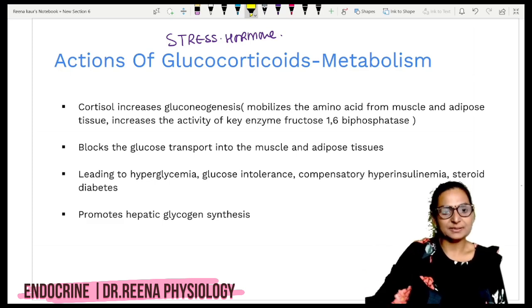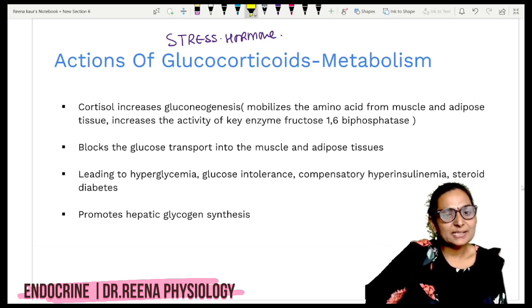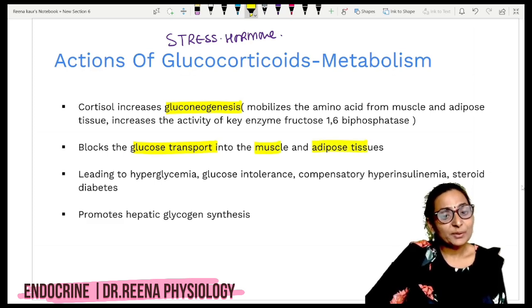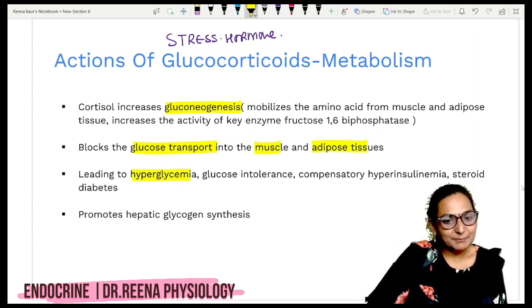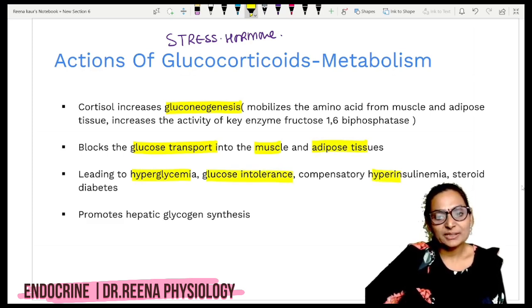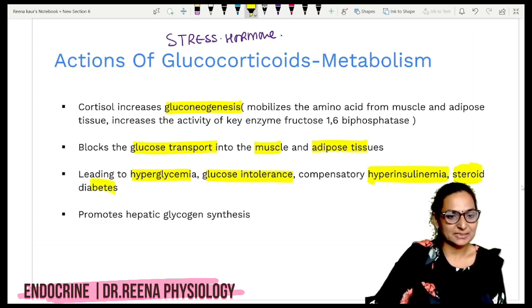So cortisol increases gluconeogenesis. It blocks the entry of glucose into the muscle and adipose tissue. Therefore, it causes hyperglycemia and glucose intolerance, because of which the insulin level is increased and results in steroid diabetes. Right?